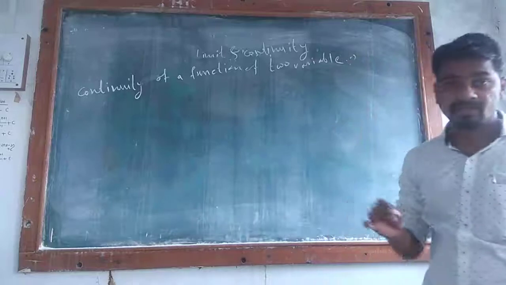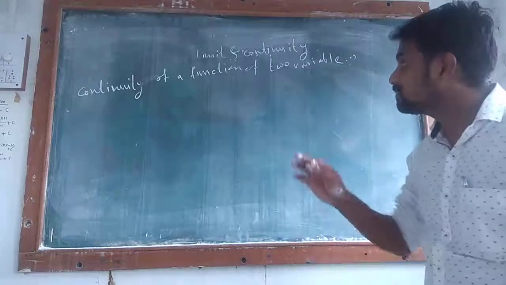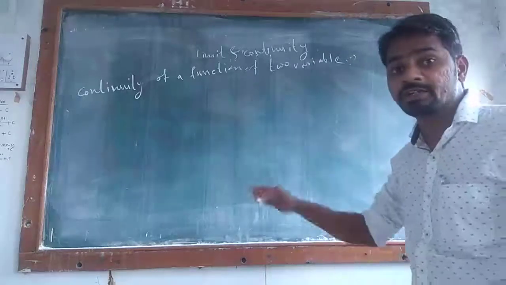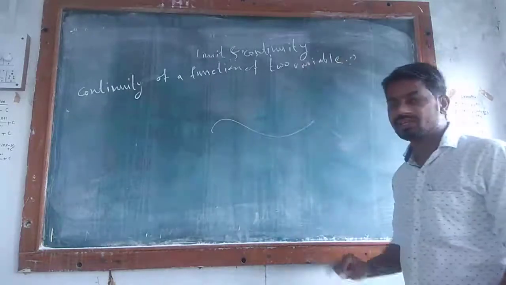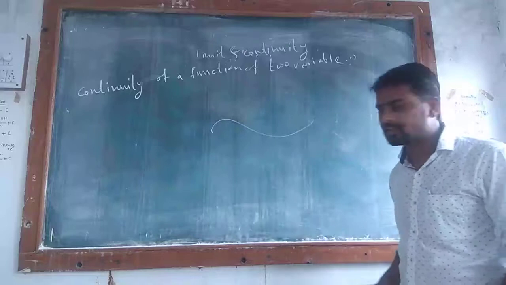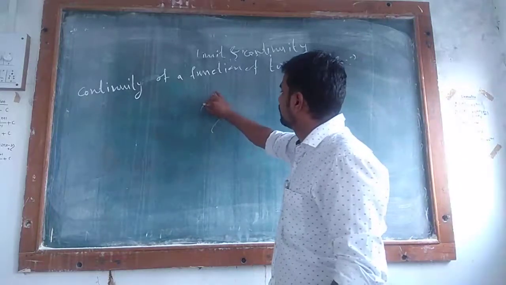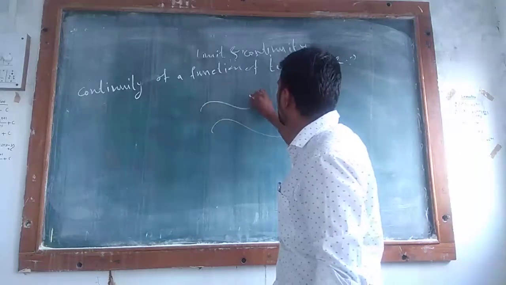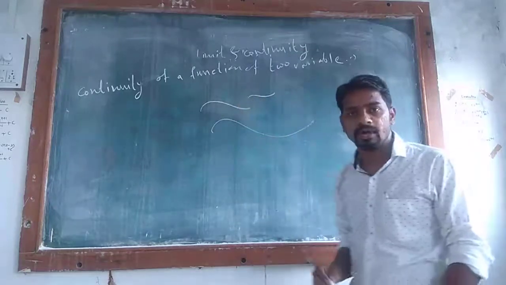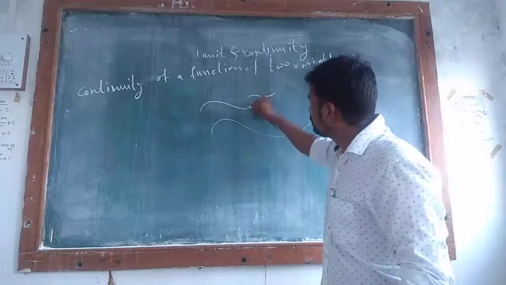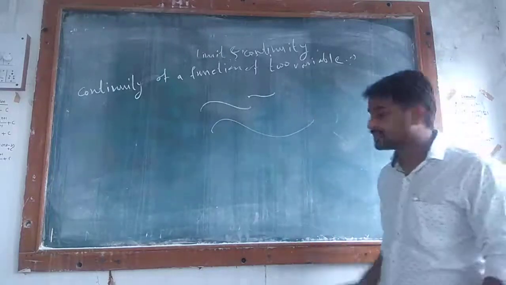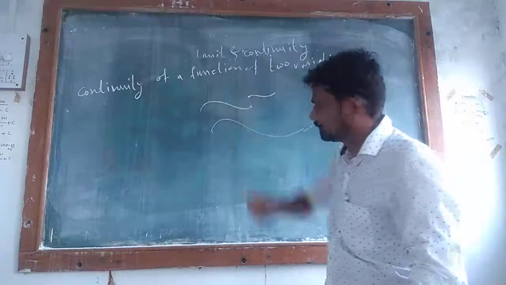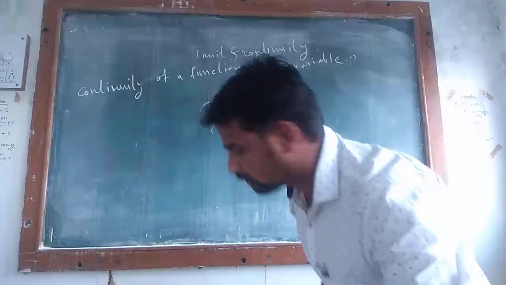In simple words, if the graph of the function is continuous, then this function is said to be a continuous function, and if the graph of the function has a break at some point, then this function is said to be discontinuous at this point.